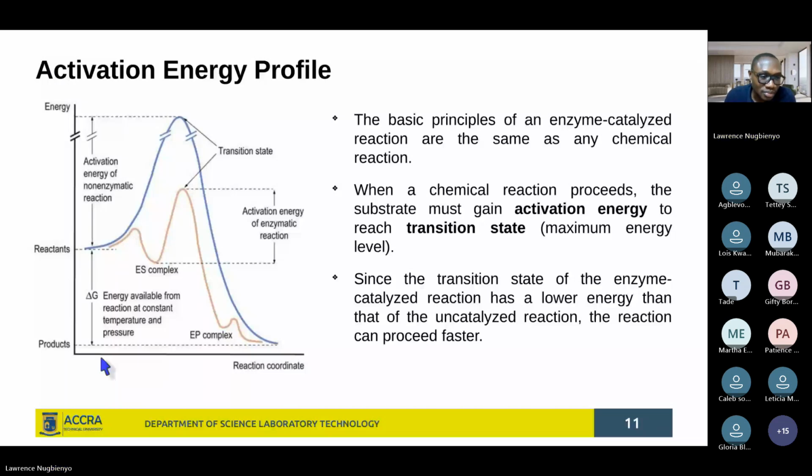Now, where you see reactants at that energy level, they are stable. Before they will react to form a product, these molecules must be agitated to an energy level, which we refer to as the transition state.